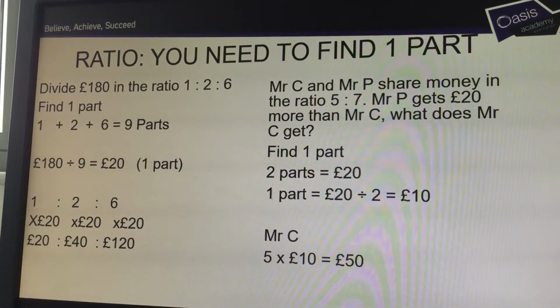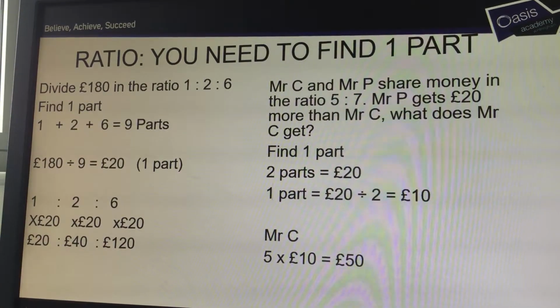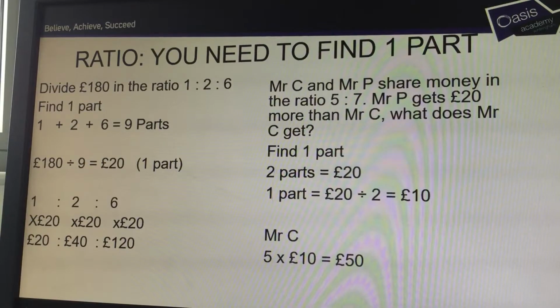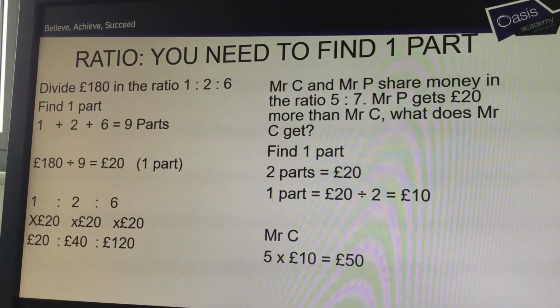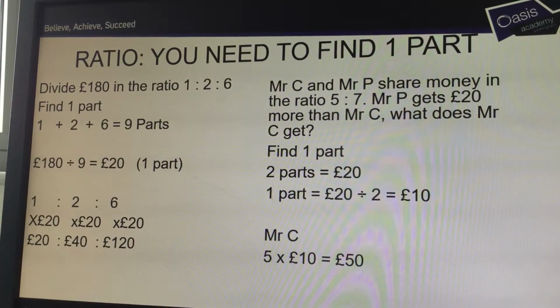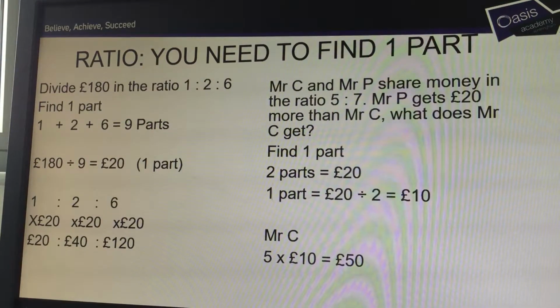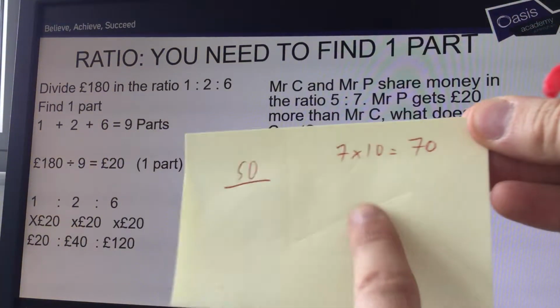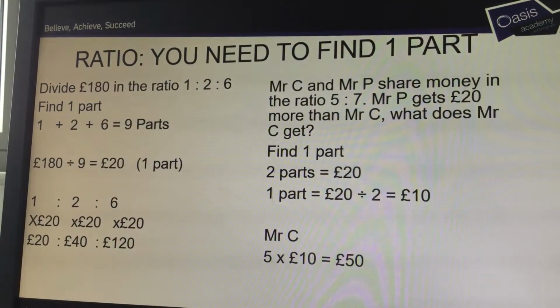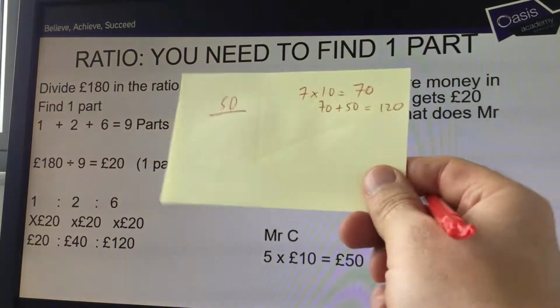It could say, what percentage does Mr. C get overall? And remember that percentage is a fraction times 100. So that will be 50 out of the grand total. So I could figure out that Mr. P has 7 times the 10. So he's got 70. So you can see him there. So overall, this is all technical drawings, obviously.